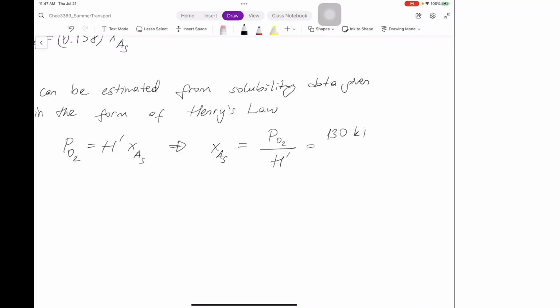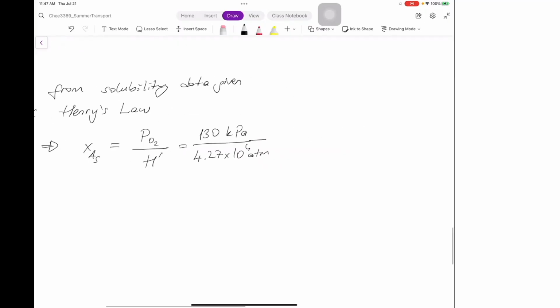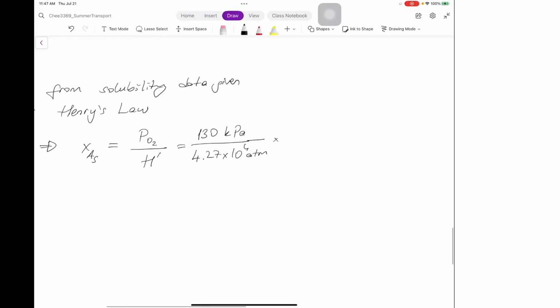130 kilopascal divided by H prime, which is 4.27 times 10 to 4 atmosphere, but you need to convert the atmospheres to kilopascals. So 1 atmosphere is 101 kilopascal, right?